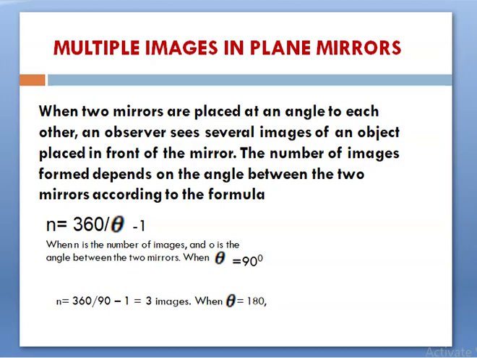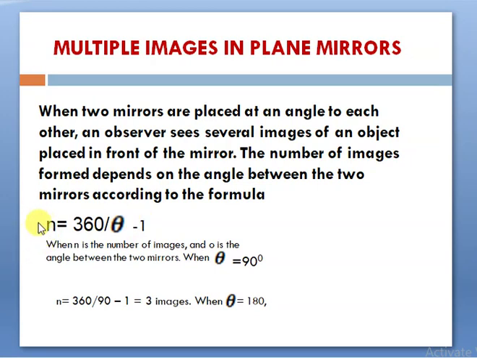Now, let's see how multiple images can be formed in a plane mirror. When two mirrors are placed at an angle to each other, an observer sees several images of an object placed in front of the mirrors, and the number of images formed depends on the angle between the two mirrors according to the formula n equals 360 over theta, minus 1.